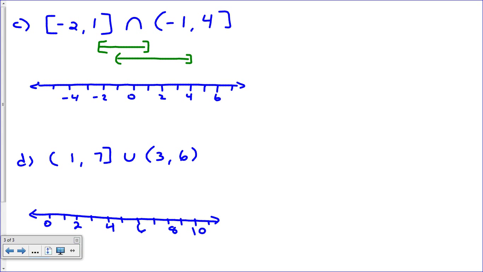So the intersection, the part that's common to both, will be starting at the -1, but only round because -1 itself is not included in the second interval. And it'll end at 1, but with a square bracket since 1 is common to both.